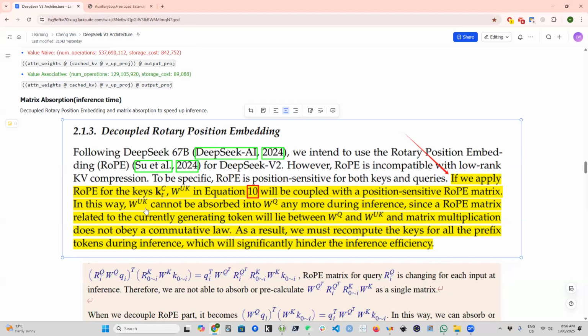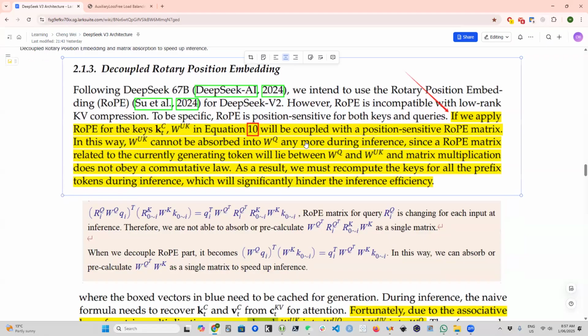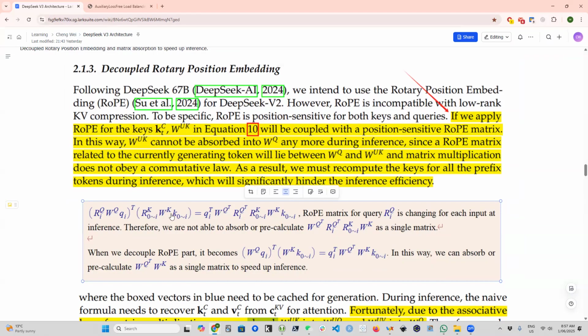In this way, the key up projection cannot be absorbed into WQ, since the rope matrix related to the currently generated token will lie between these matrices, right? It does not obey the commutative law. As a result, if the rope part is involved in the multiplication, we cannot absorb.